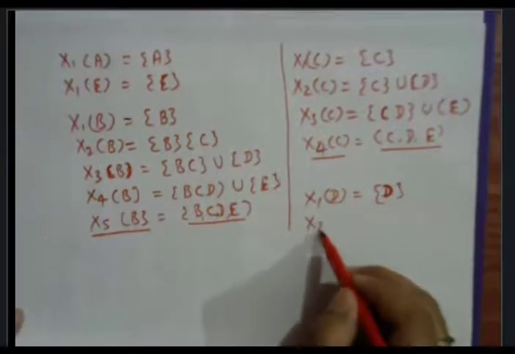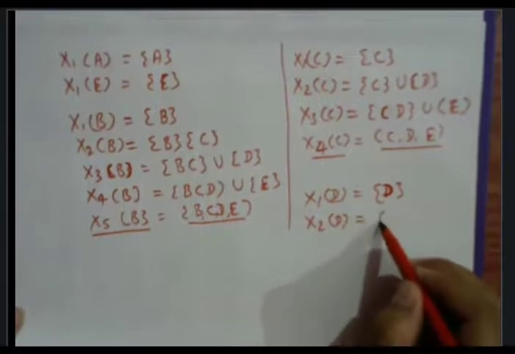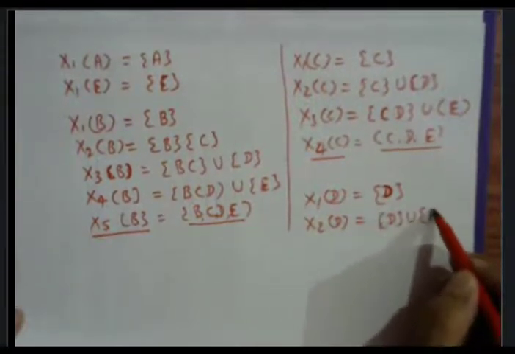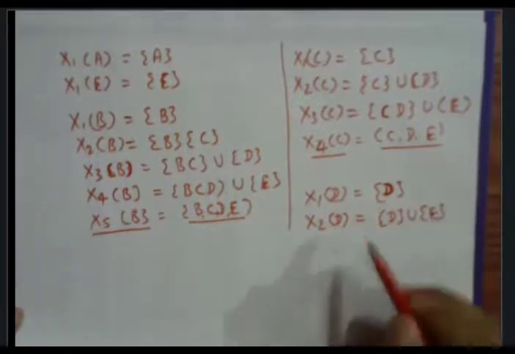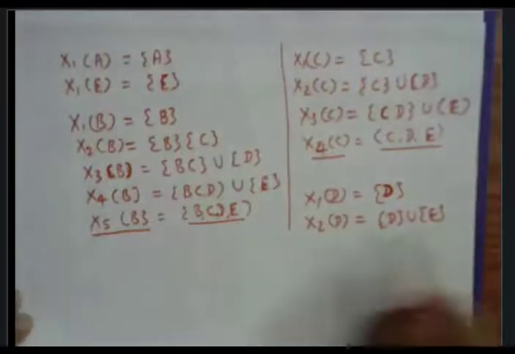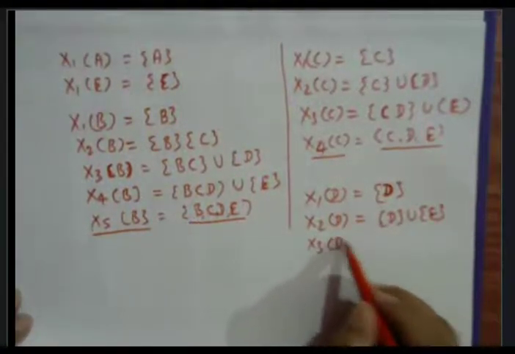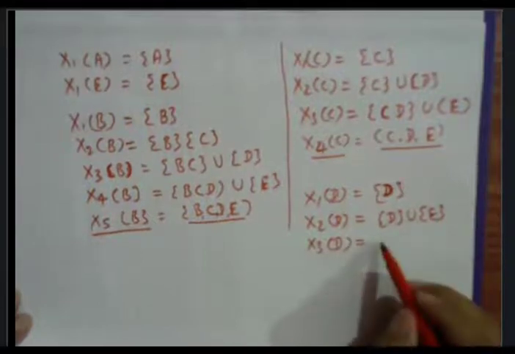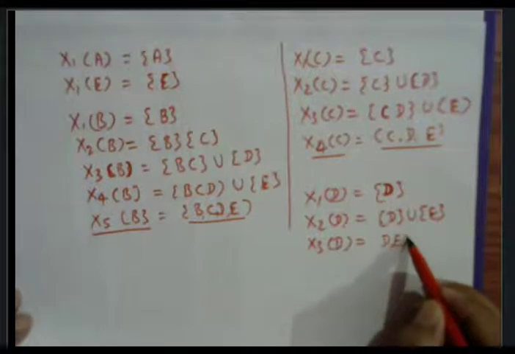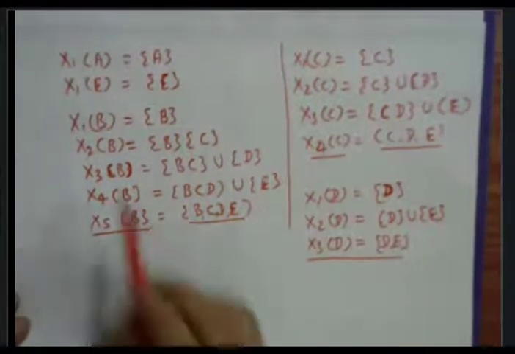Then the value of x2 of D is the value of D union the value of E, because D can derive E, and then we can write here the value of x3 of D, which is D E.